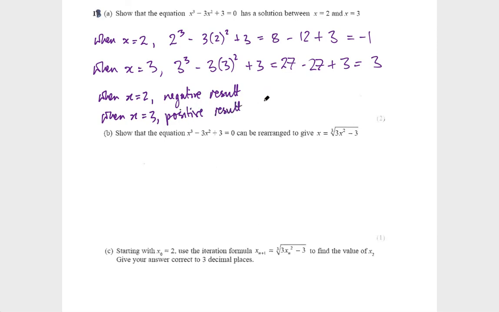So the solution for equals 0 must be between x equals 2 and x equals 3.